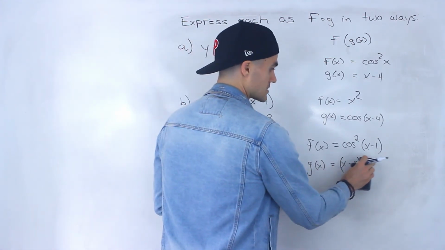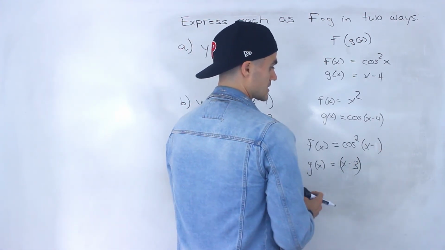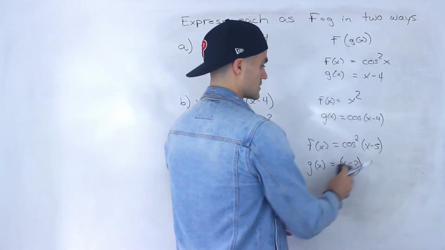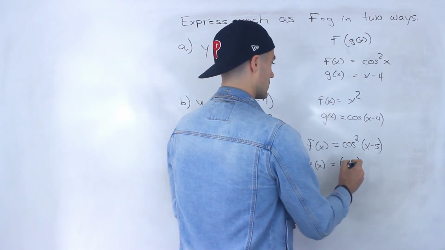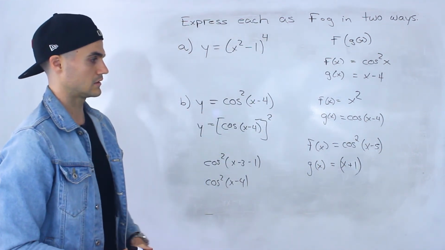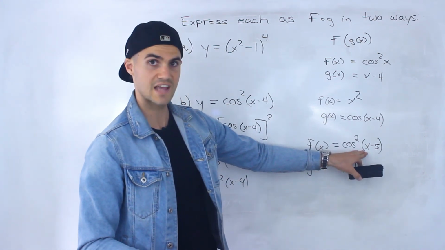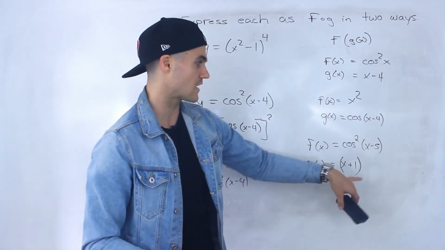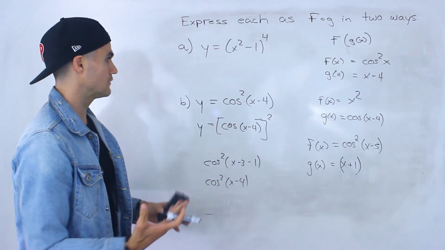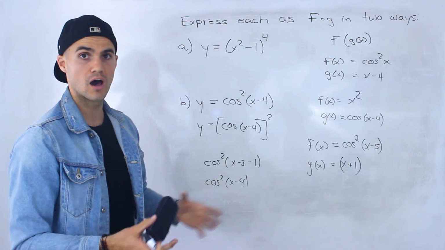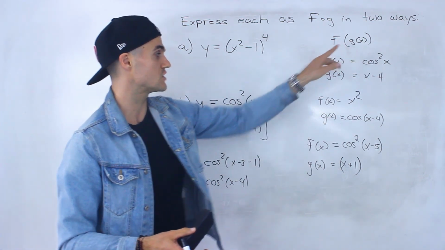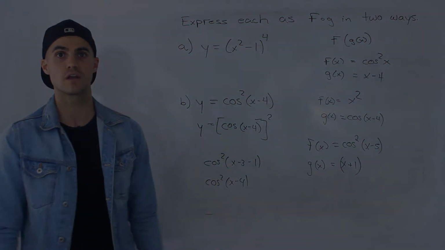Or if we let this be minus 5, this would have to be plus 1, like that. Because when we plug this in for this x, we'd have x plus 1 minus 5, which simplifies to x minus 4. So there are an infinite amount of different functions you could have where you could state f of x, g of x, and then f of g of x has to be those given functions.